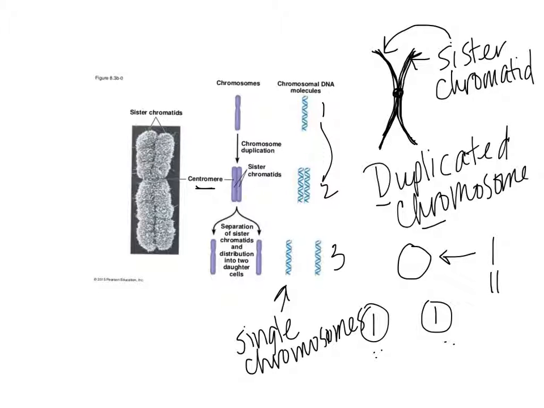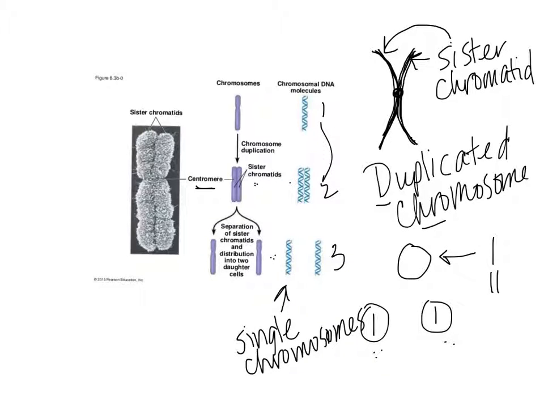So we have a duplicated chromosome made up of two sister chromatids. But when the sister chromatids separate, they become individual single chromosomes. Duplicated chromosome, two single chromosomes.